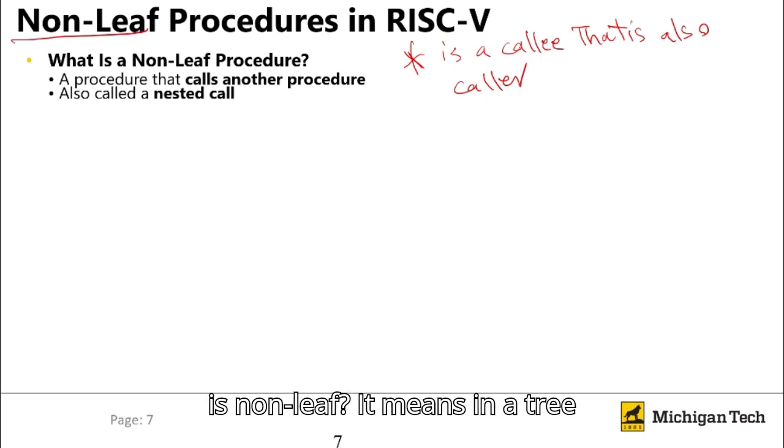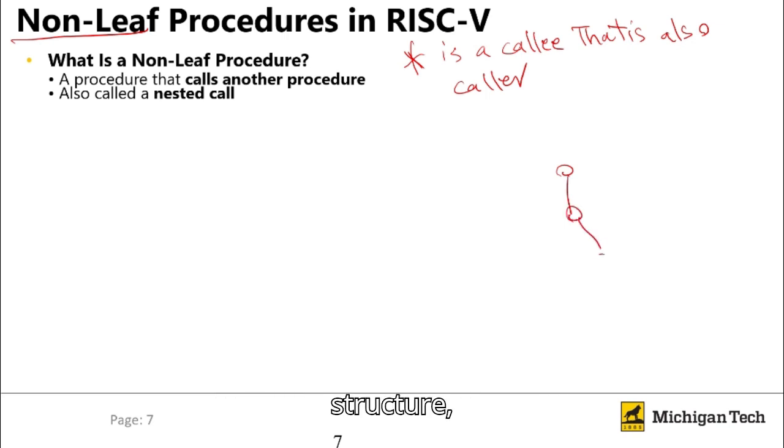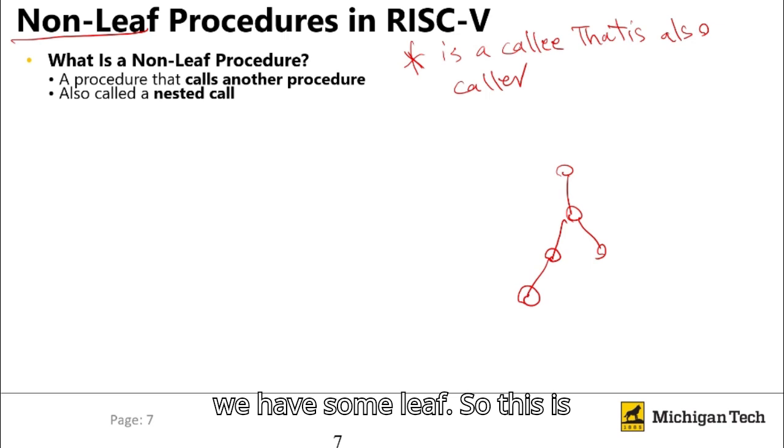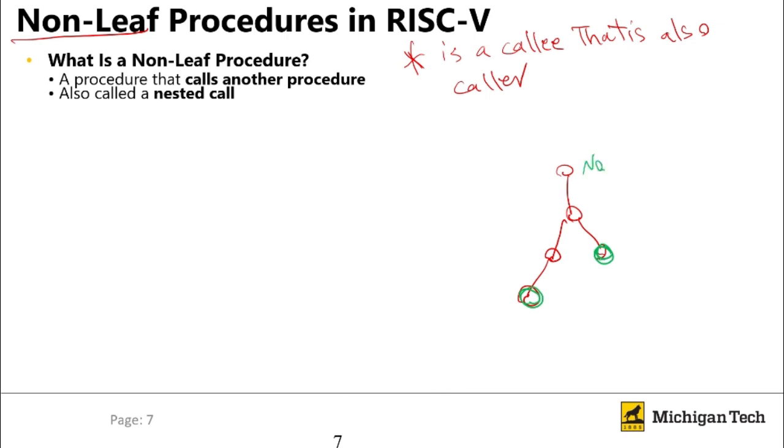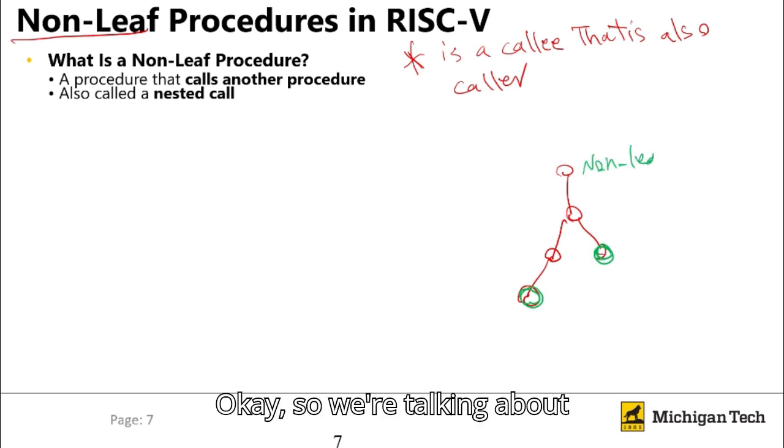Why is it non-leaf? In a tree structure, we have some leaves. So this is a leaf, this is a leaf, and the rest are non-leaf. Okay, so we are talking about these procedures.